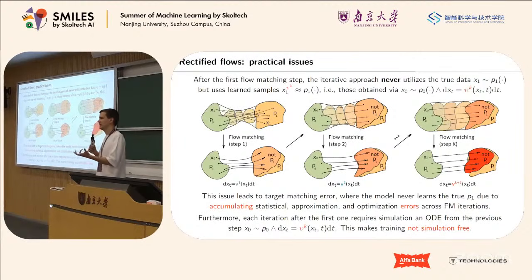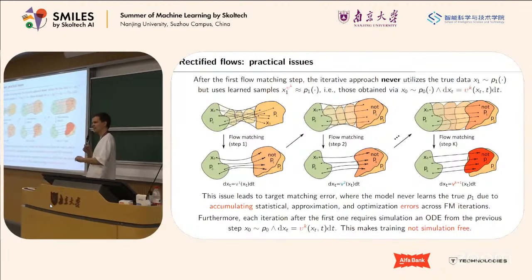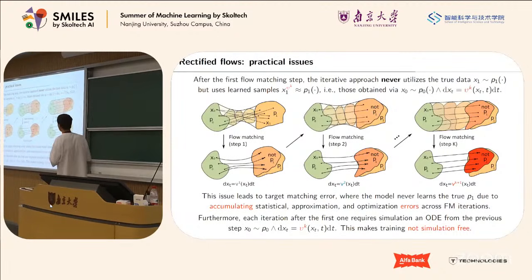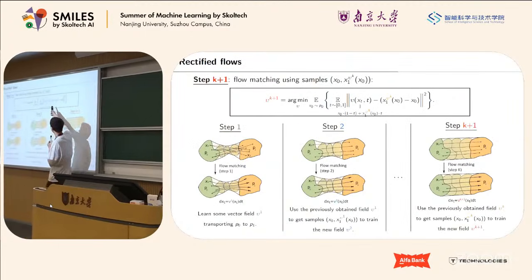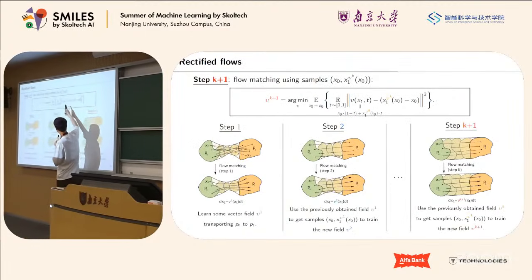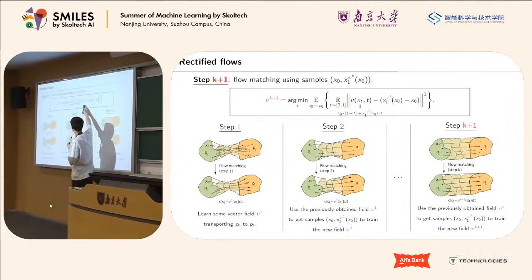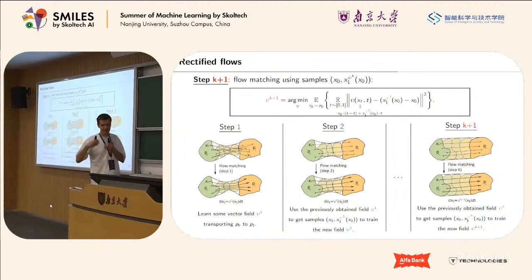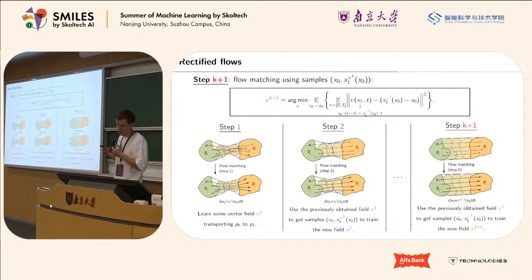Roughly speaking, you need to use your previously trained model and integrate its trajectories to train the next model. This appears in this loss. To obtain this point x1, which is the pairing point for x0, you need to do integration along the trajectory of your previous model.